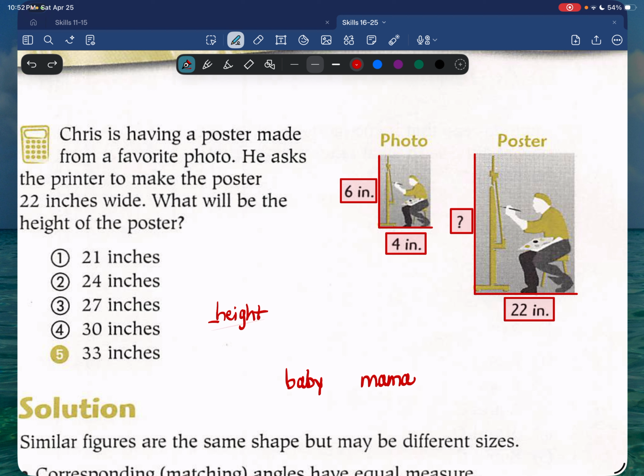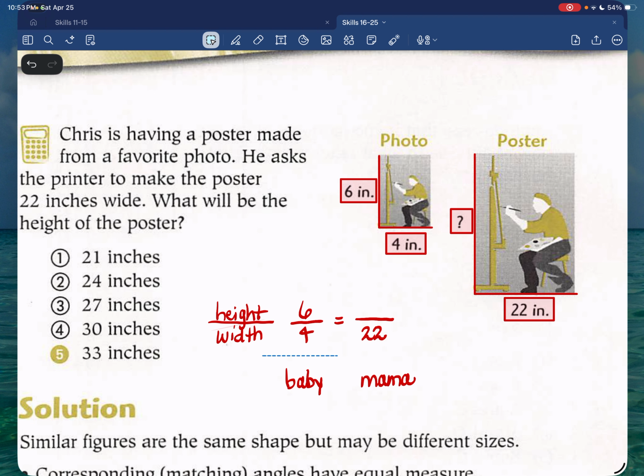All right. Baby's height is 6, and baby's width is 4. Mama's height, we don't know, but we know her width is 22. And so we have what we need here. We are ready to do the math.